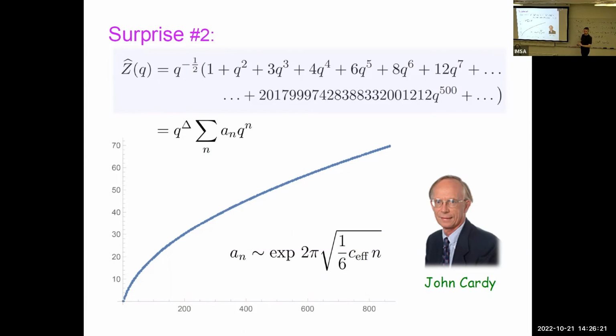The first thing one can try to do is ask how quickly the coefficients are growing. A priori, they could grow with any rate: polynomially with n, or exponentially, or exponential of some polynomial of n. Anything could happen, or there could be no regularity at all and it could be very sporadic.